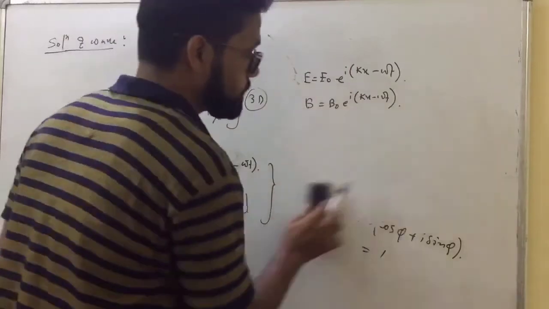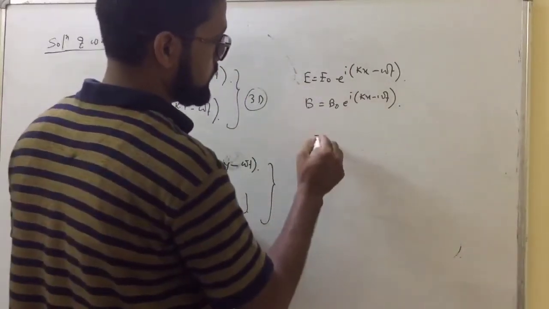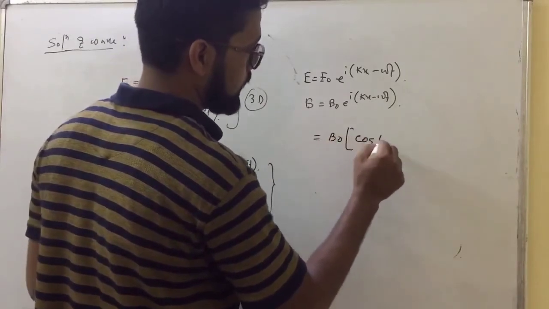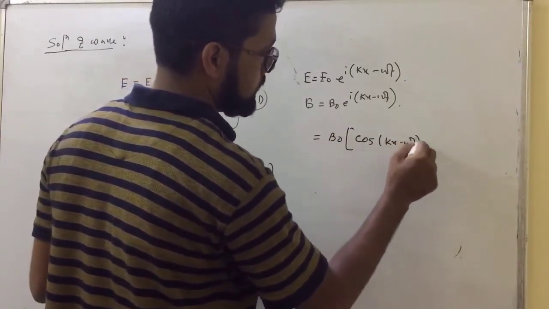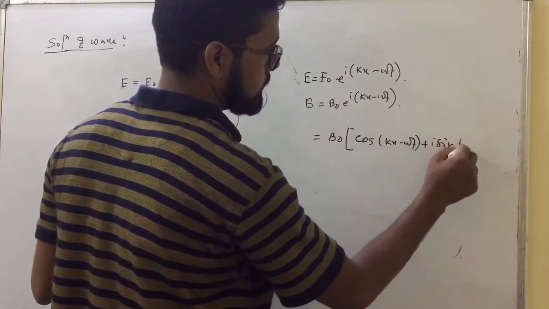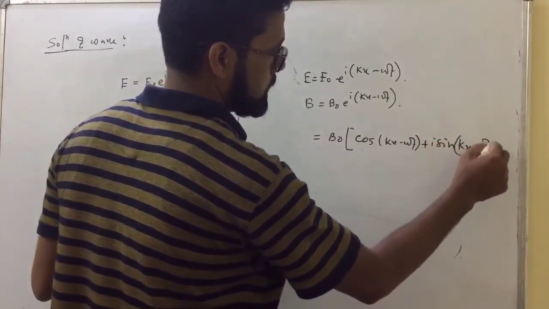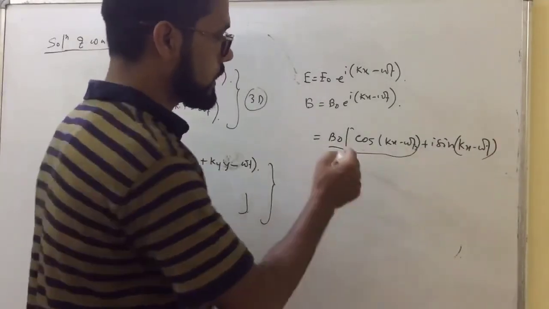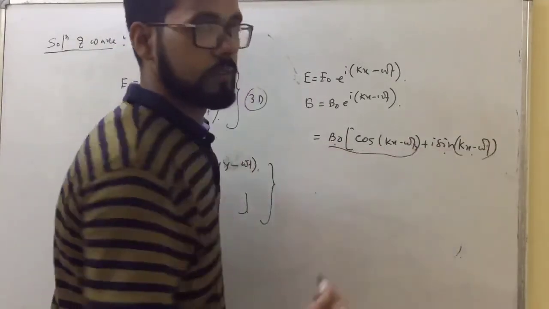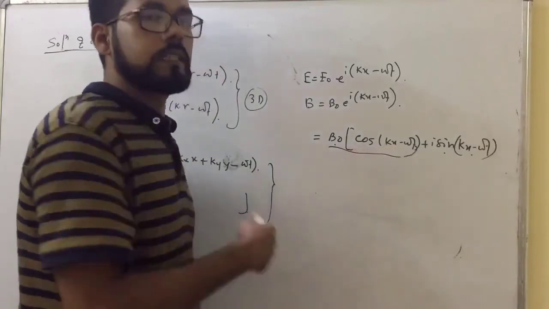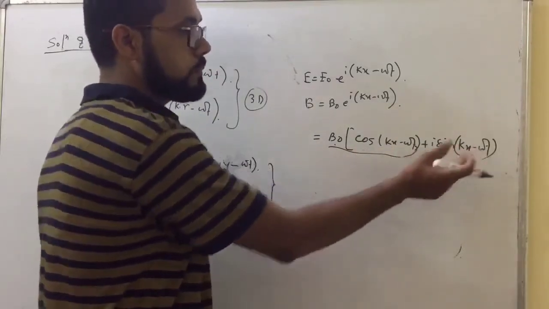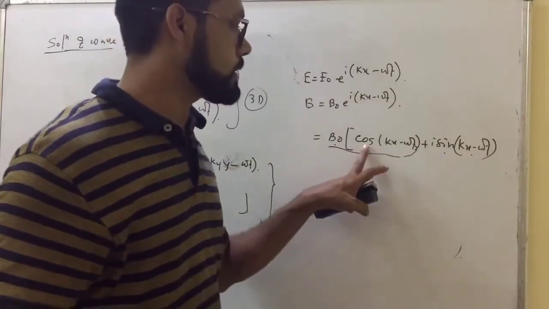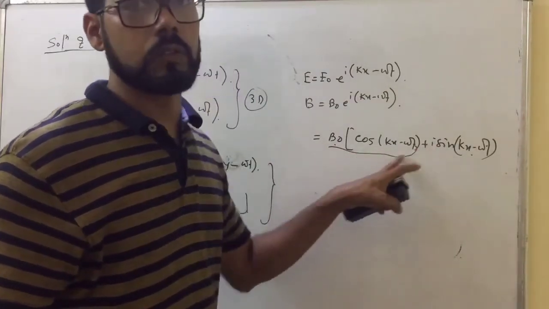Looking at this equation, E naught cos(kx minus omega t) plus i sin. Suppose you want to do a calculation, you take the cos part only, or you can take the sin part only. If you take the cos part, or if you take the sin part, the result will be the same. There is only a phase difference of 90 degrees between sin and cos.